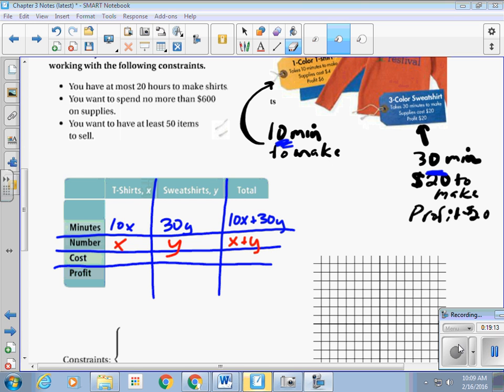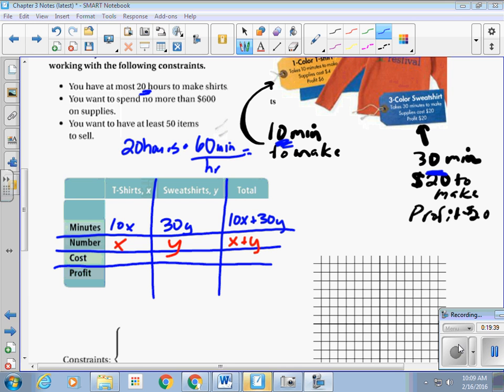Sorry, buddy. Okay, so our total has to be in minutes. We have to relate it to the 20 hours. How many minutes is 20 hours? There are 60 minutes in each hour. So that would be 1,200. So we know we definitely have to be less than or equal to 1,200 total minutes.